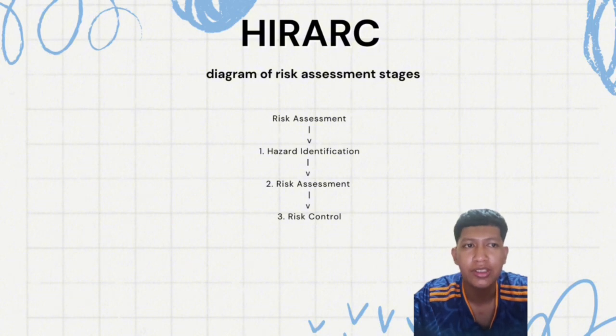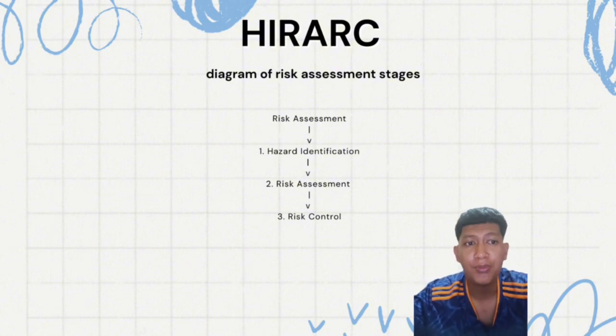Third, engineering control: modify equipment or process to minimize risk. Fourth, administrative control: implement policy and procedure to reduce exposure. Fifth, personal protective equipment (PPE): provide appropriate PPE as a last line of defense.